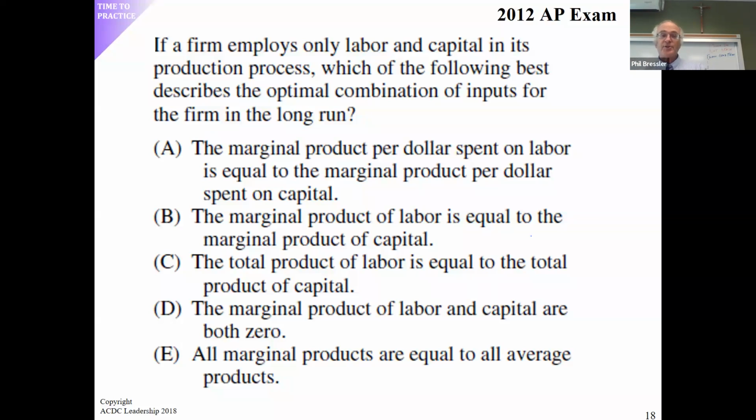It's not going to come out to 0. A lot of people had 0. The marginal product of labor is equal to the marginal product of capital. People had B. That's not true. It's the marginal product of labor over the price of labor is equal to the marginal product of capital over the price of capital, which is why the marginal product per dollar spent on labor and A as an alpha.